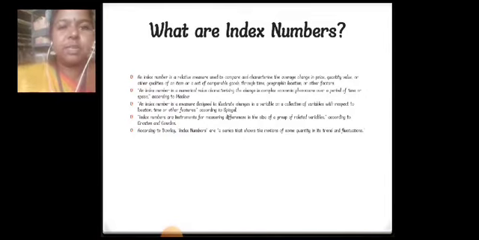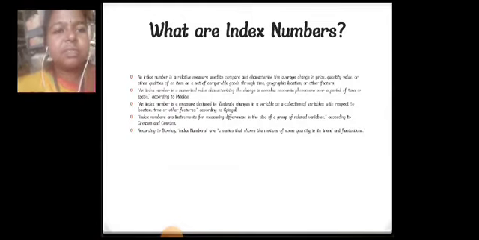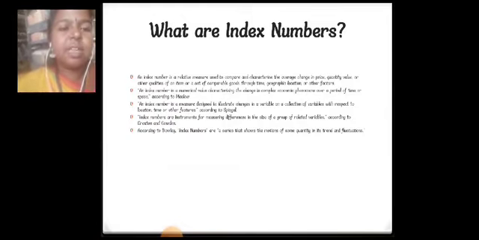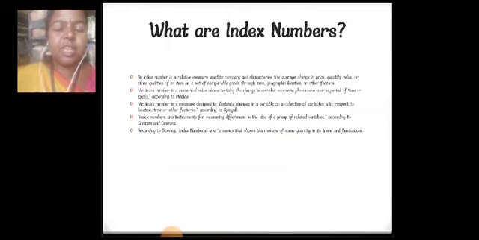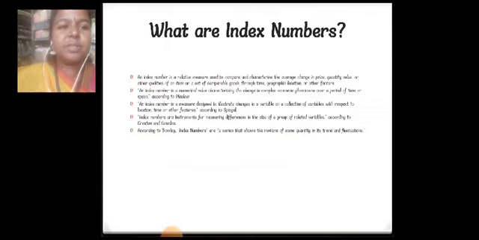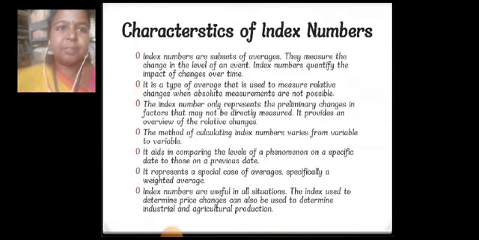Index numbers are instruments for measuring differences in the size of a group of related variables, according to Croxton and Cowden. And Bowley says index numbers are a series that shows the motions of some quantity in its trend and fluctuations.